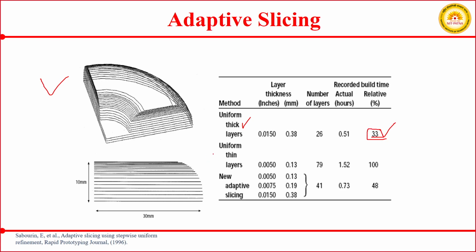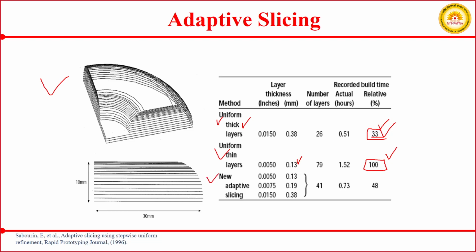When you go with a uniform thin layer, you get good surface quality, but your build time, suppose it is rated as 100. Compared to 100, using a uniform thick layer you print your whole part with only 33% of the time.